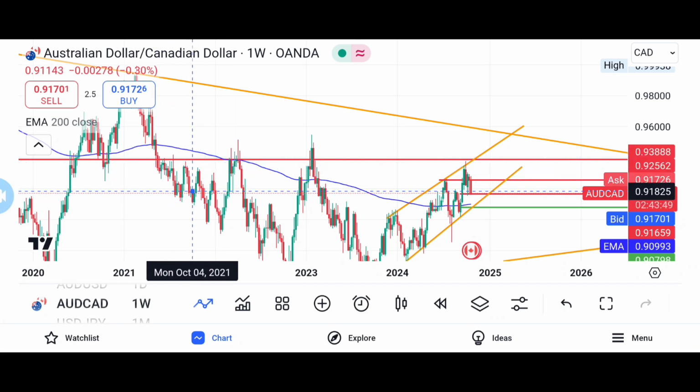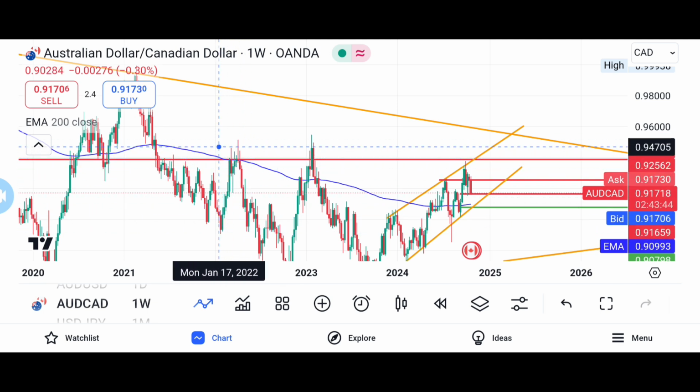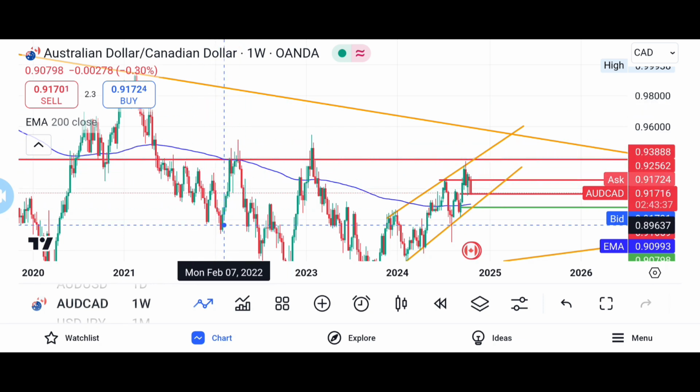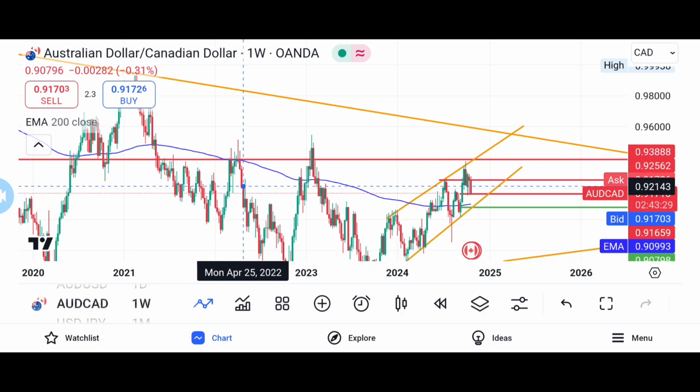Resistance is where, when the price touches it, it always brings the price action down. It is resisting the price action from going up, okay? So you can see here the price action was bullish, but the moment it touched this line, automatically it changed from bullish and dropped down.